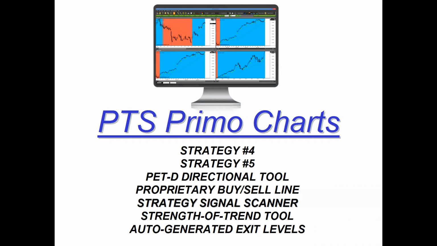You also get auto-generated exit levels, just one of our different methods for telling you when to exit a trade, and a host of dozens more trading techniques and tips that you won't find anywhere else other than on the platform, because these are things I've accumulated in my 45 years of trading, and mainly that I've taken from my days on the trading floor, on the stock exchange. So these are things that professional traders use and you won't find on any other platform.